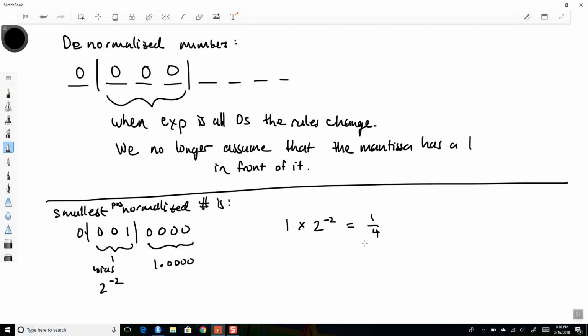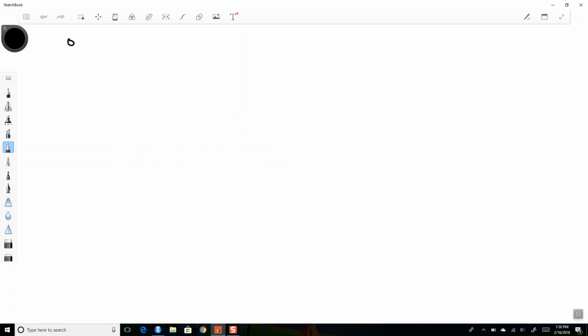So when I bring it down to 0, 0, 0, here, let me just do this. I got 0, 0, 0, 1, 0, 0, 0, 0. This corresponds to 1/4, or 1.000 times 2 to the negative 2.